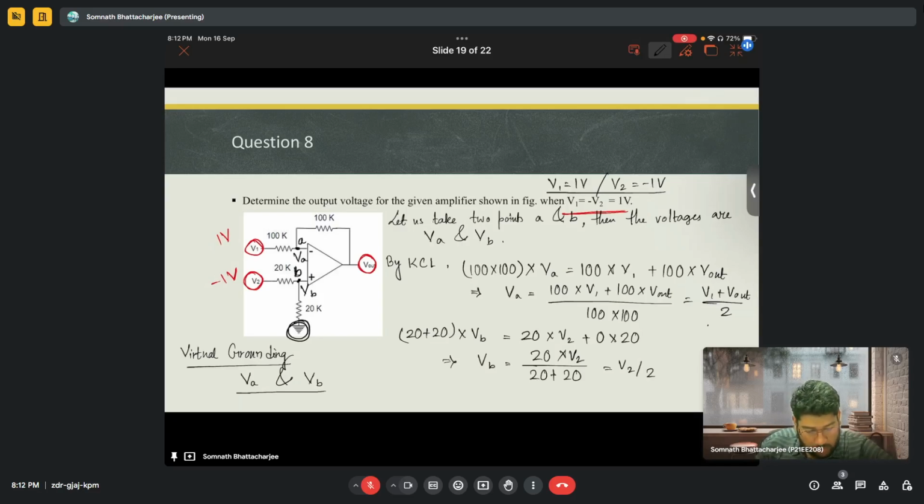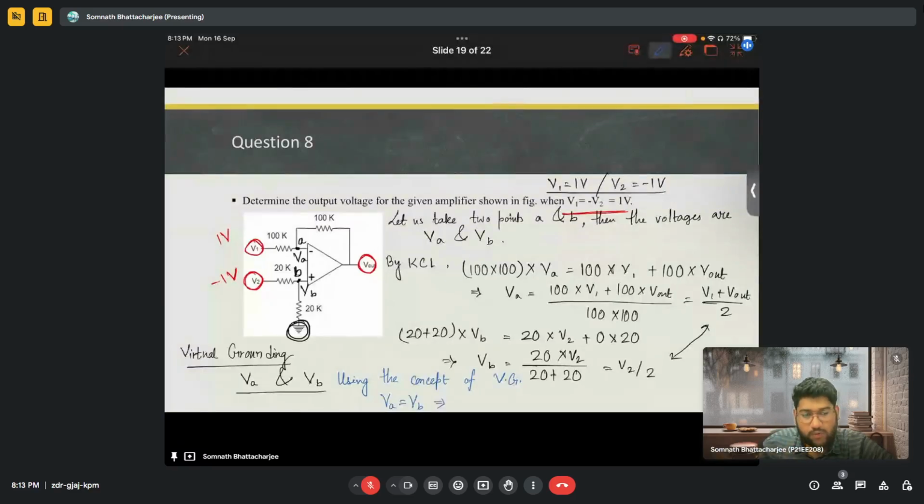So by equating both of these two, I'll use a different color maybe. Using the concept of virtual grounding, we'll just equate these two. As we know, if there is a V and VB, the concept of virtual grounding is VA equals VB, right?